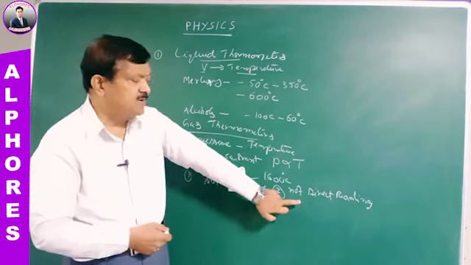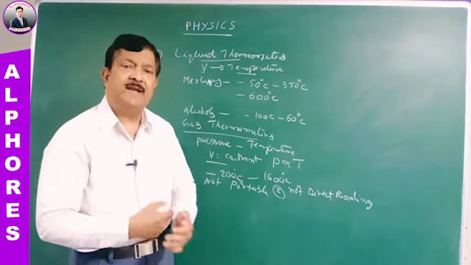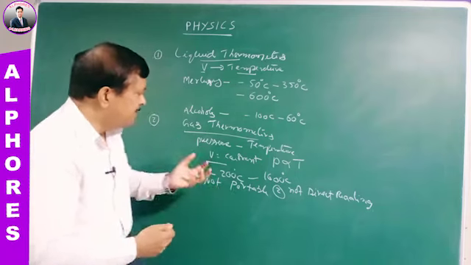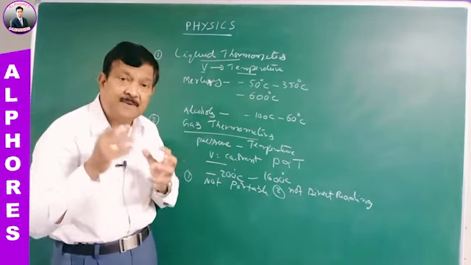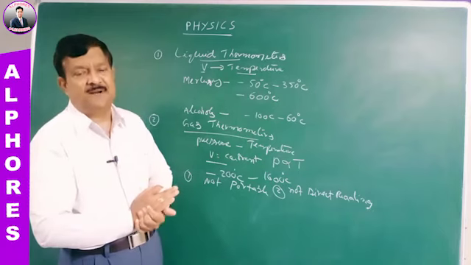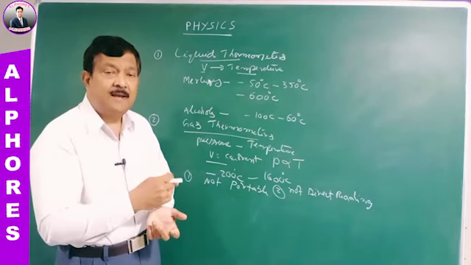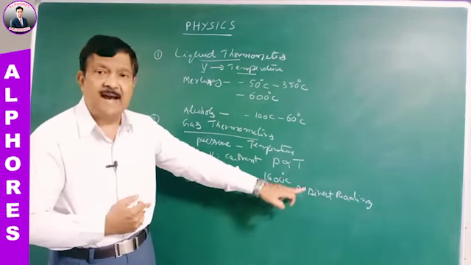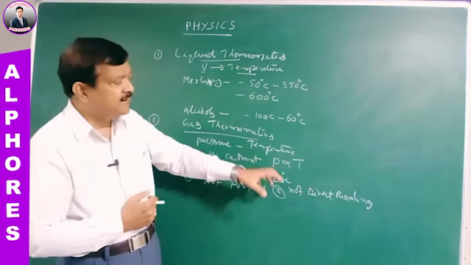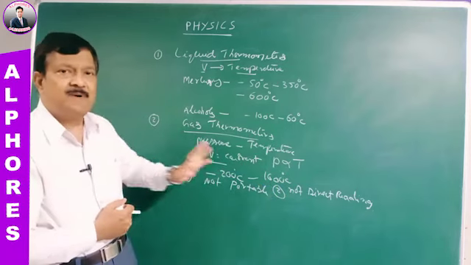The second disadvantage is that it is not a direct reading instrument, because when you are measuring the pressure variation with respect to temperature, we have to do some calculations to estimate the temperature. So as we need some calculations to get the value of the temperature, it is not a direct reading instrument. That is one disadvantage with these gas thermometers.